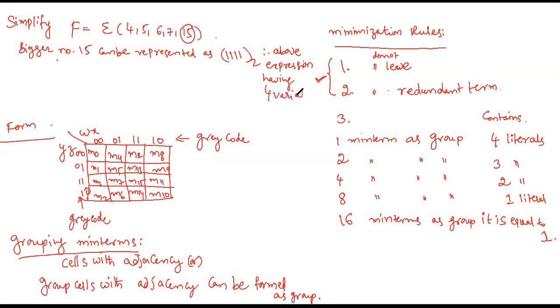Okay, now one problem is solved. Which variable K map we need to use? 4 variable K map we need to use, because the largest number can be represented with 4 ones. Now, before applying any expression to the K map, the expression should be in standard SOP form.